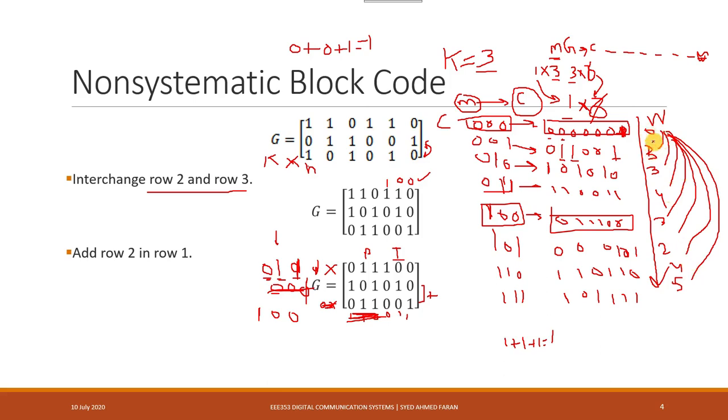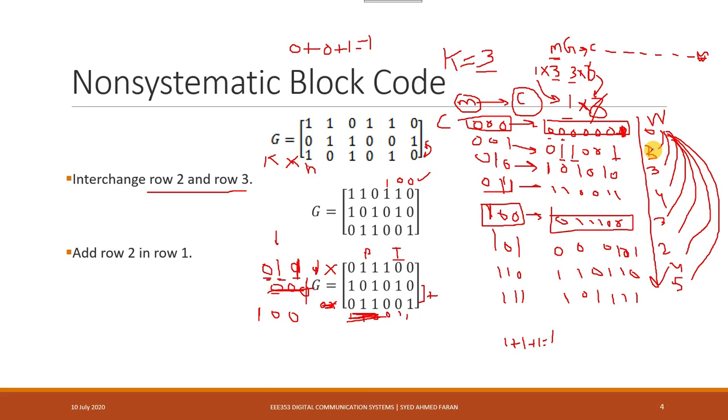First and second, first and third, first and fourth, first and fifth, first and sixth, first and seventh, first and eighth. Then I have to calculate the distance between second and third, second and fourth, second and fifth, and so on. Then third and fourth, third and fifth, and so on. So there are a lot of distances to be calculated between two code words. Now this is a lengthy process.